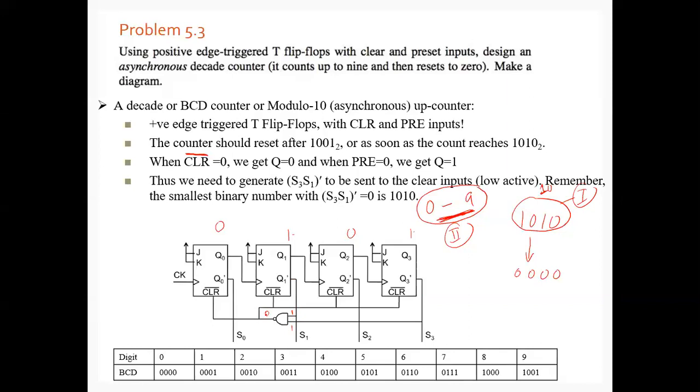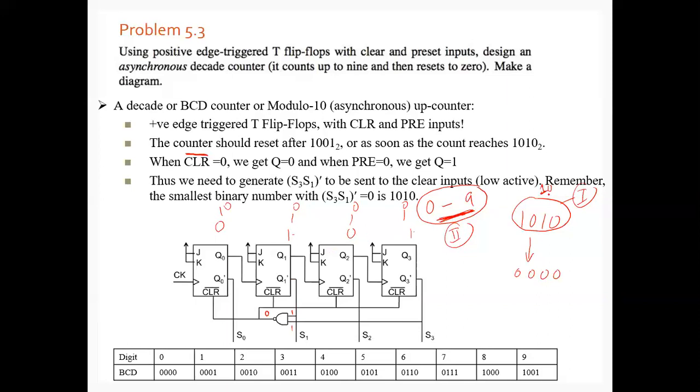So now this 0 goes everywhere, because remember, these are all connected. So this guy will be 0, this guy will be 0, this guy will be 0, this guy will be 0. This is what we want, right?